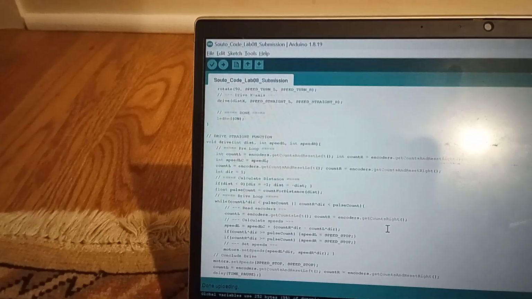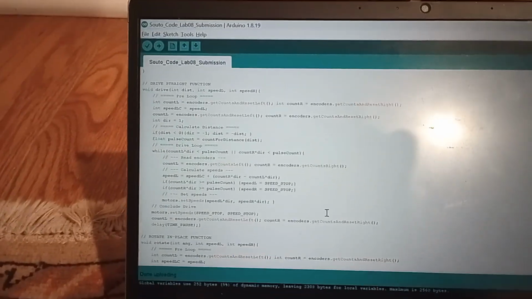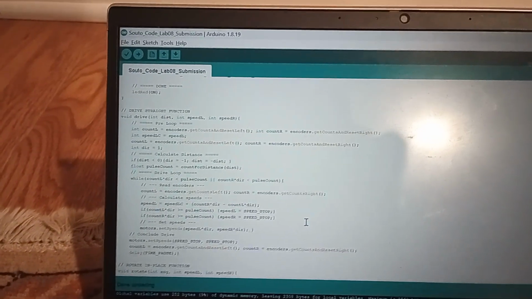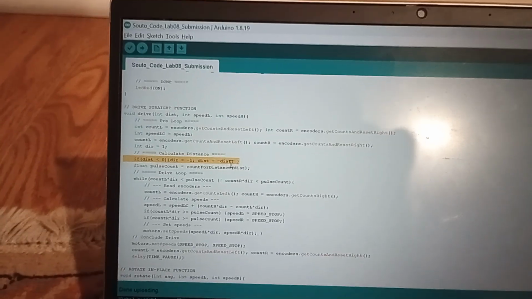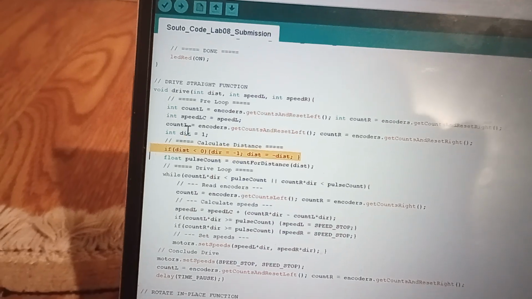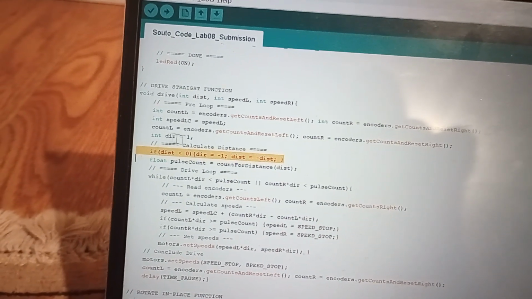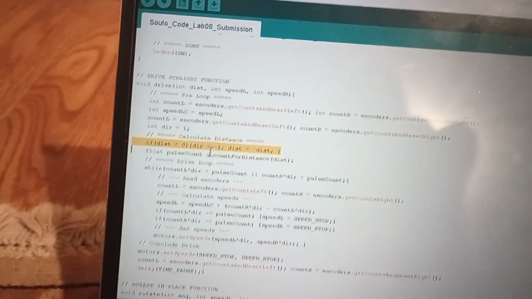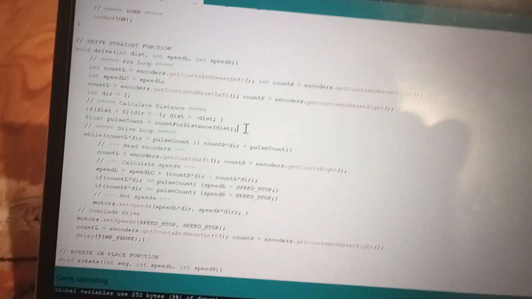It also helps that in my program, I improved the drive straight and rotate in place functions to accept negative values. So if it is negative here, it will set the direction to -1 instead of 1, and then set the dist to be positive so that it will not affect anything else.